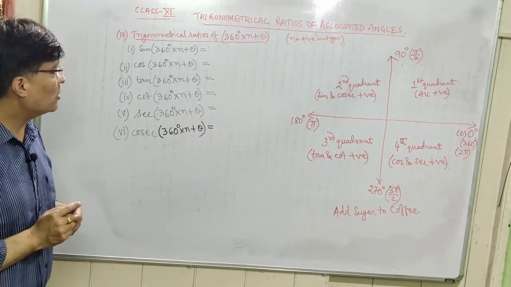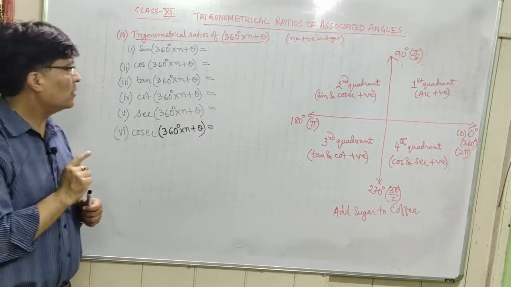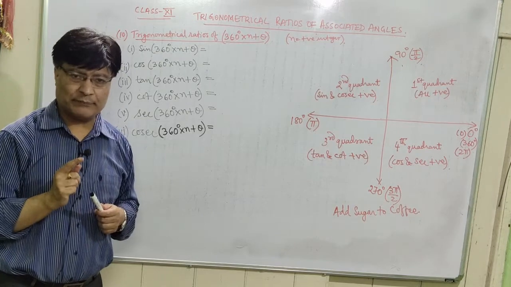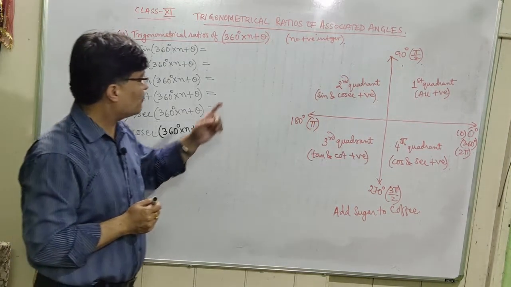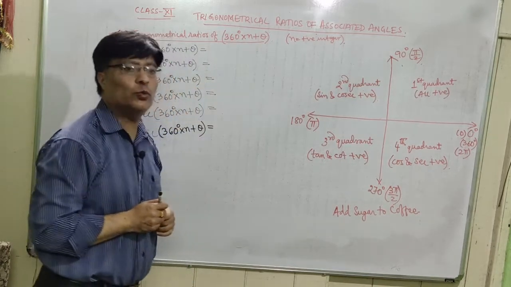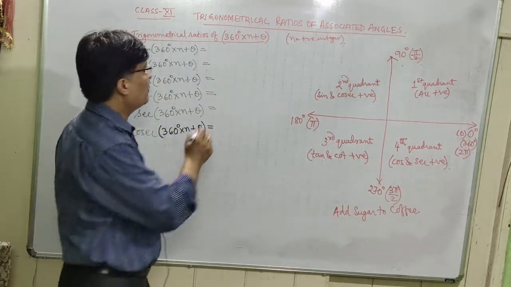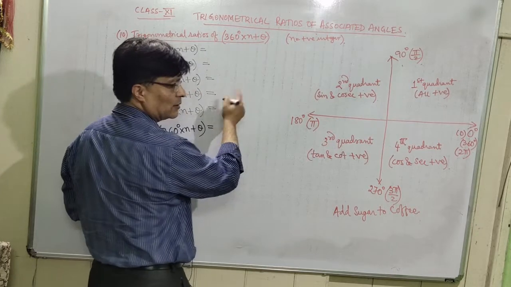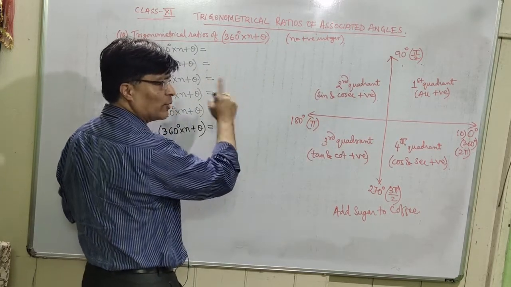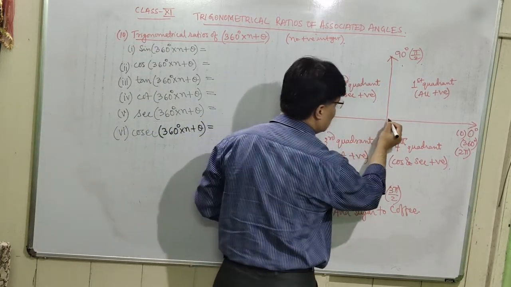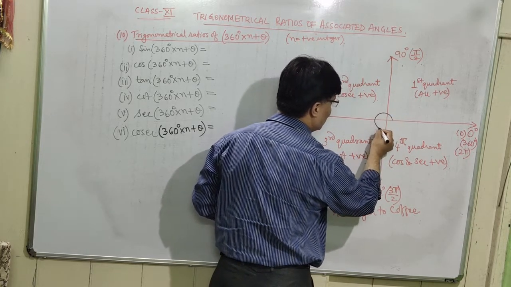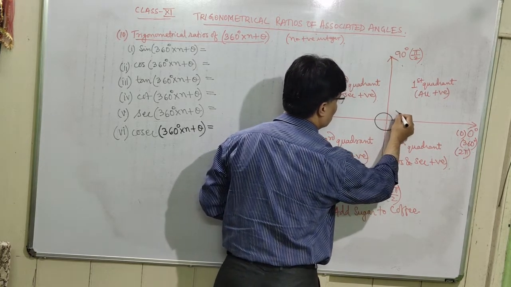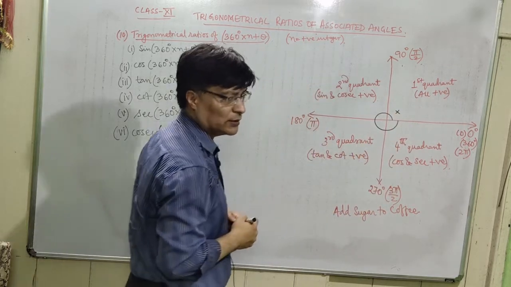So now first of all you should know in which quadrant the angle 360 degree into n plus theta lies. Suppose you put n is equal to 1, so this will be 360 degree into 1 plus theta. 360 degree into 1 means 1 round plus theta, which lies in the first quadrant.